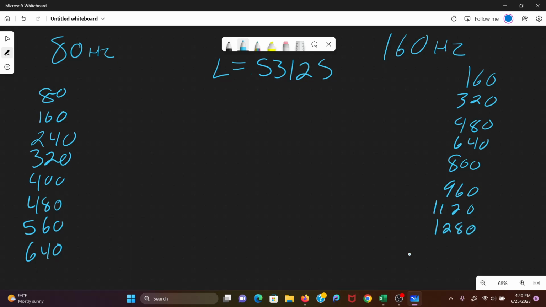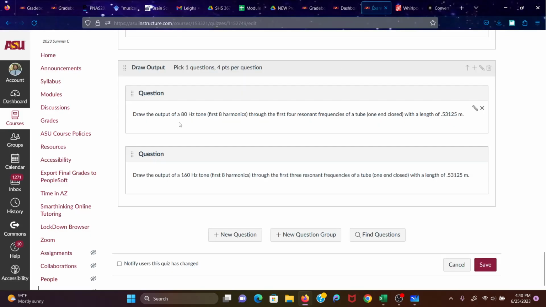You're going to play these through the first either 3 or 4 resonant frequencies. Let's see, 80 is 4, 160 is 3.